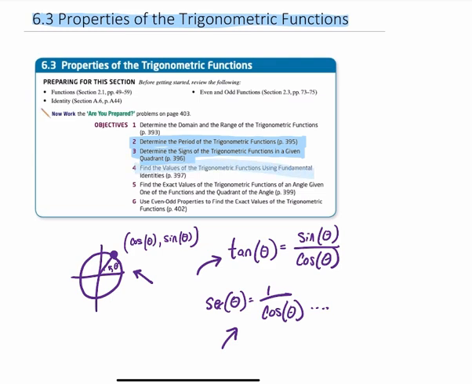We practiced using fundamental identities. We were given one function value and the quadrant of the angle and solved some questions there. And then the last section was on those even and odd properties.